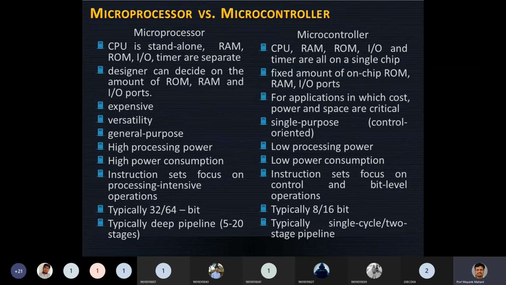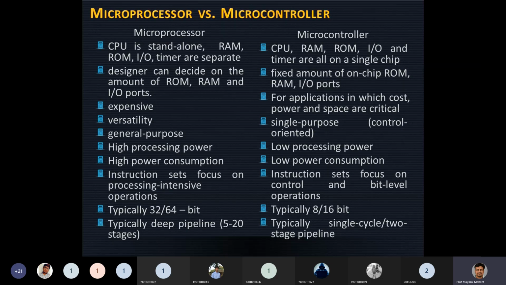Okay, the second point of difference is that the designer can decide the amount of ROM, RAM and IO ports. Meaning it is up to the designer what the size of RAM can be, what the size of ROM can be, and how many IO ports are to be connected to the microprocessor. But in a microcontroller, it is fixed.